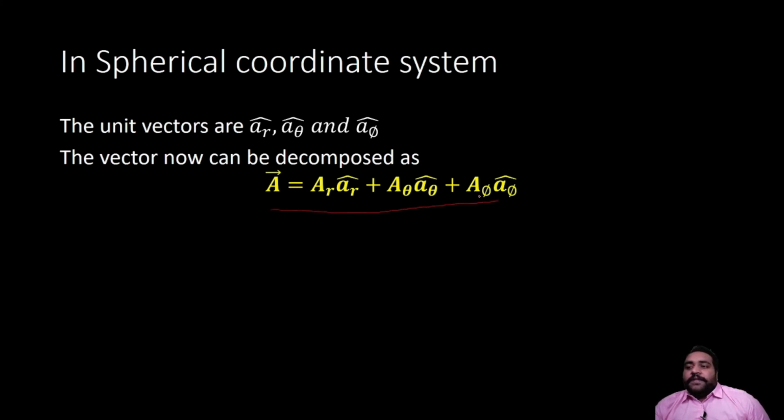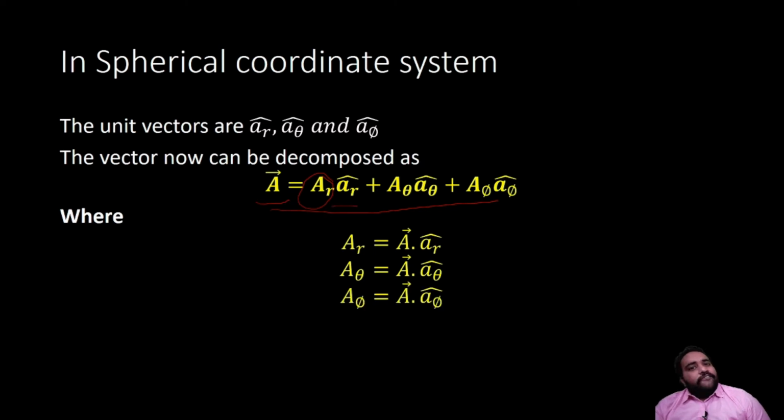So what we have done in the Cartesian and cylindrical coordinate systems, A r can be obtained as the dot product between A bar and r cap, A theta equals A bar dot theta cap, and A phi equals A bar dot phi cap.